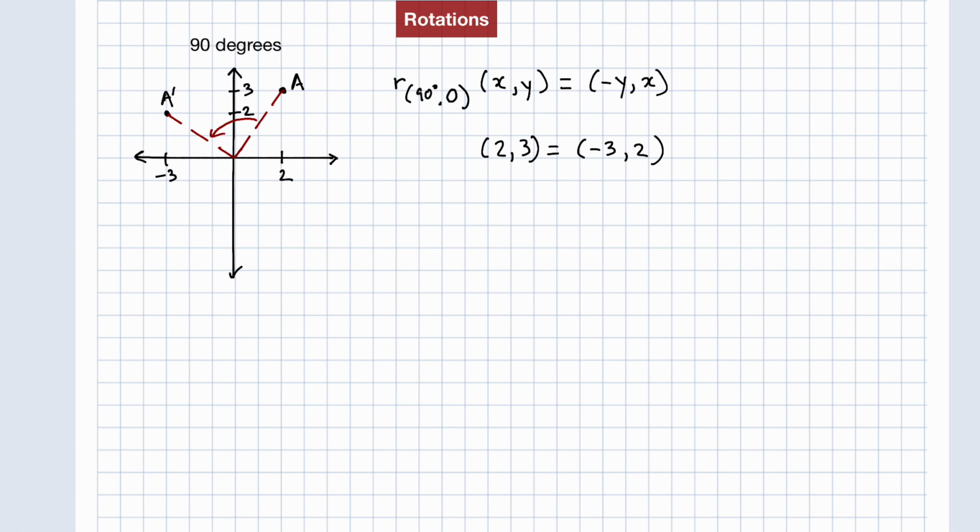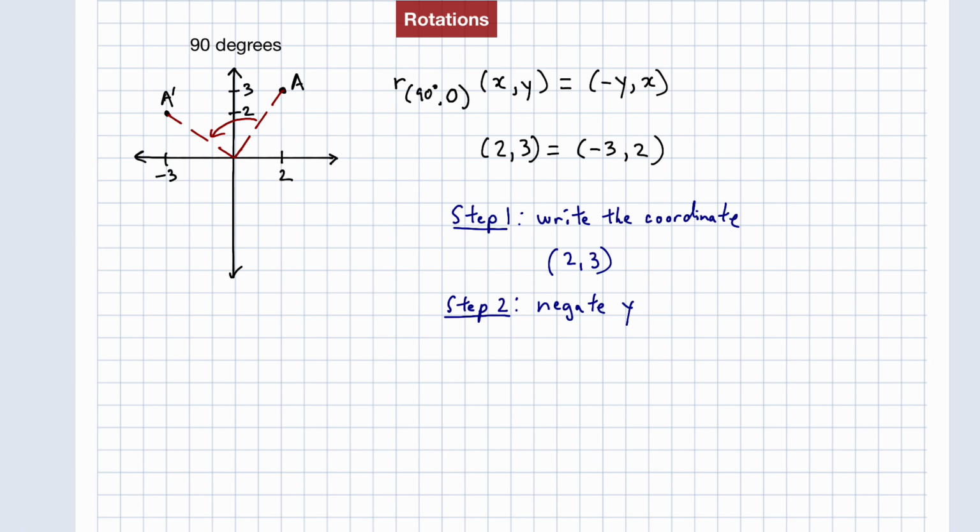Okay, so let's break the steps down so that we're clear on how to do this correctly to avoid making some potential mistakes. Step 1, write the coordinate. In this case, it's going to be 2, 3. And then step 2, we're going to negate y.